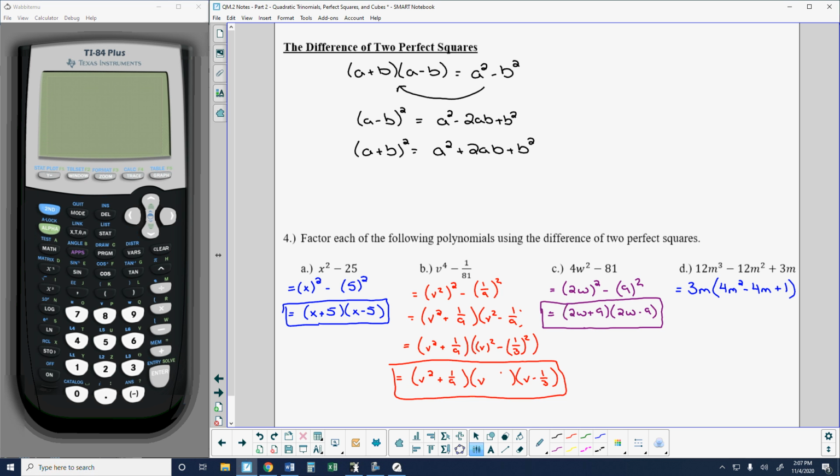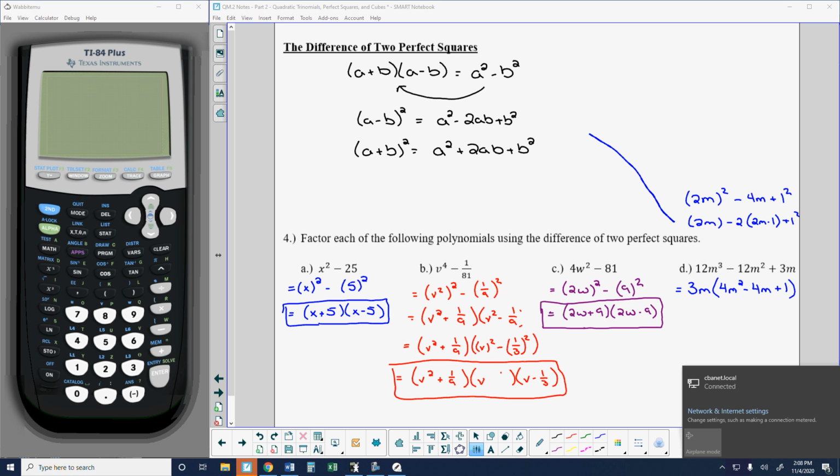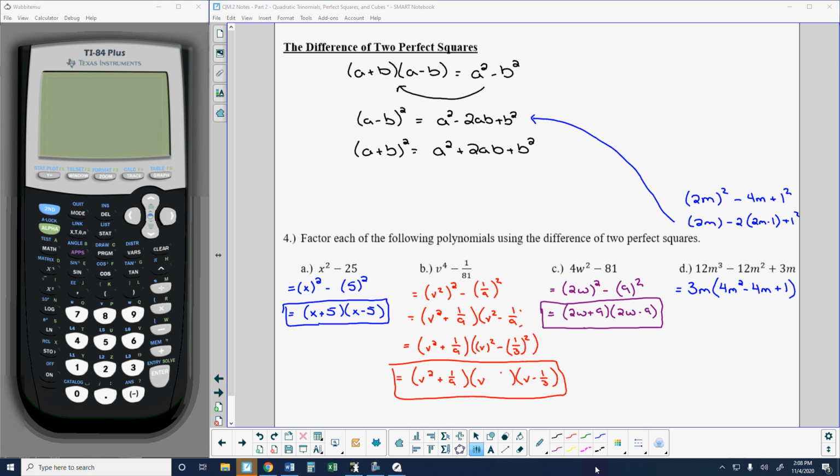And the middle term is 2 times 2m times 1, which is 4m. So this matches the expression a squared minus 2ab plus b squared, which is the same as 2m minus 1 quantity squared. So I can rewrite this as 3m times 2m minus 1 quantity squared.